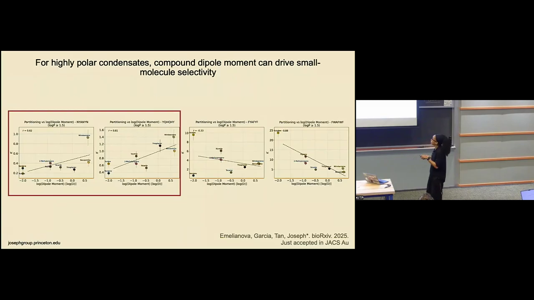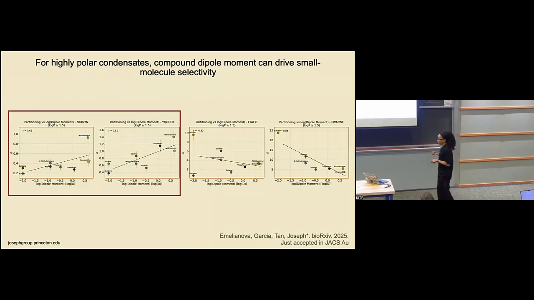And so if we take our data and we project it again, looking at the dipole moment of these compounds versus their partitioning as a function of the environment that they partition into, we find that highly polar condensates can exhibit selectivity for high dipole moment compounds.